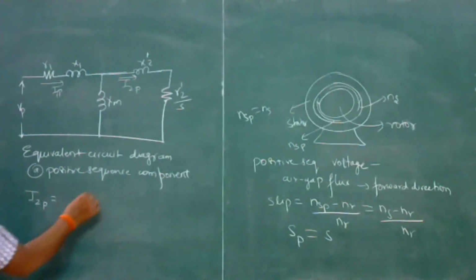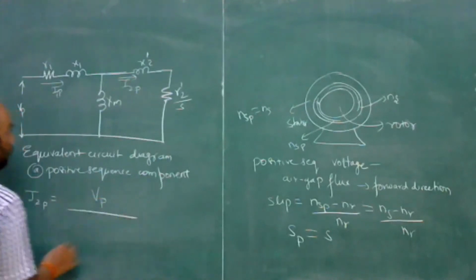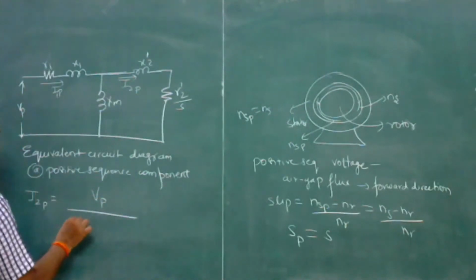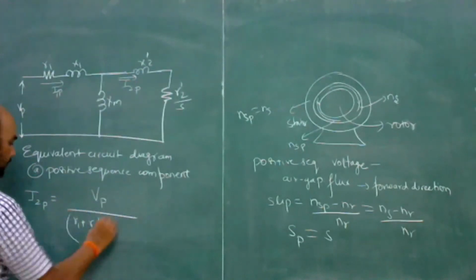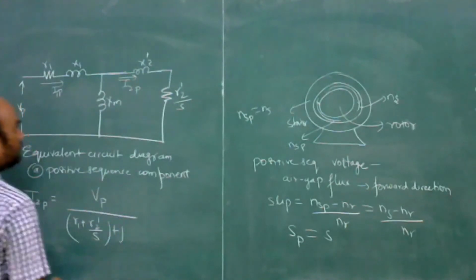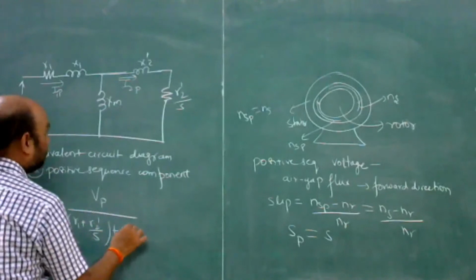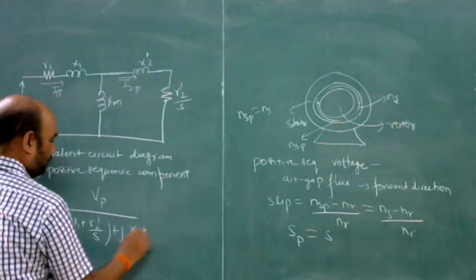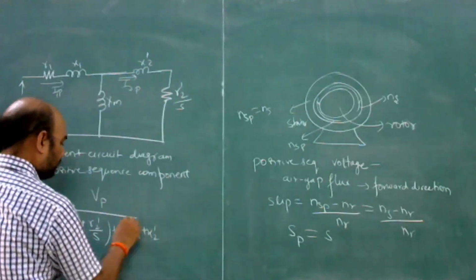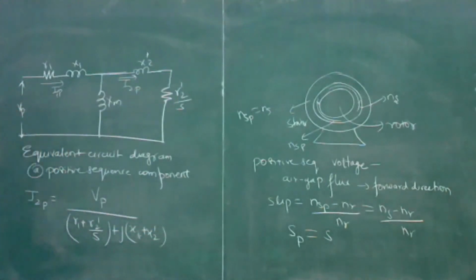So this will be VP whole divided by R1 plus R2 dash upon S plus j X1 plus X2 dash. Okay, so this will be the value of total current for the positive sequence voltage.